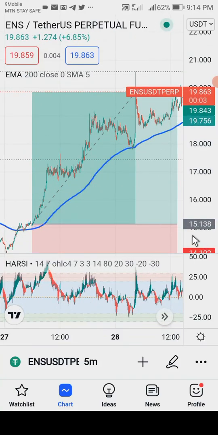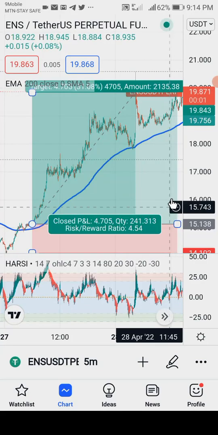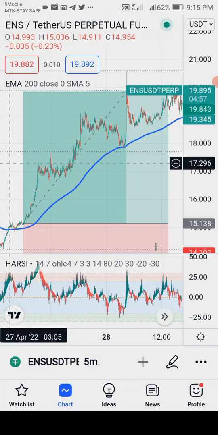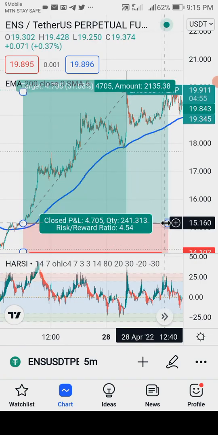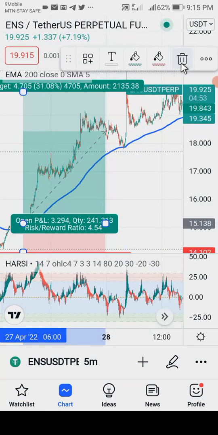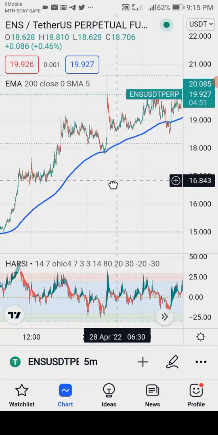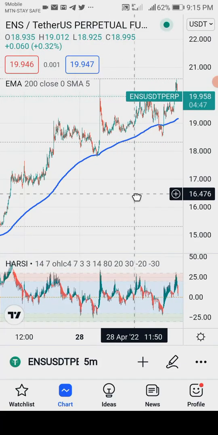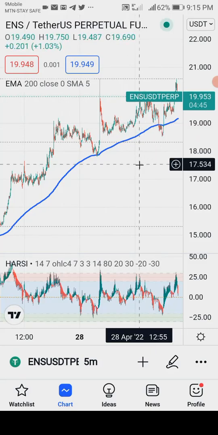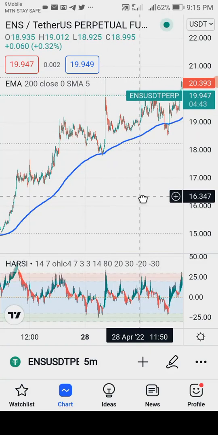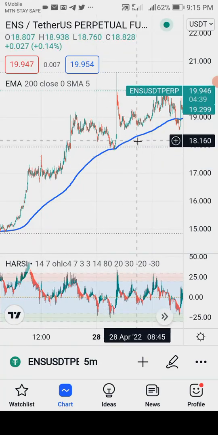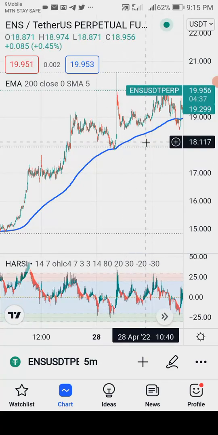Imagine how much percentage you would have made plus the first one. Anyway, let's proceed. So you can see it keeps moving up. You see it maintains that direction. So you wait for it to cross again. Once it crosses, then you take your profit. That's just how to do it.